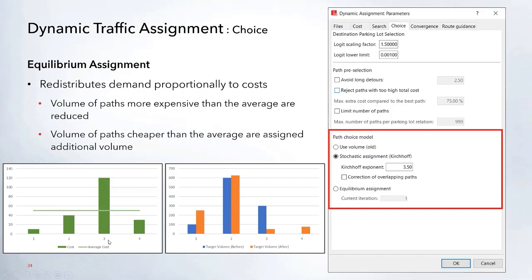So in this case, the volume for path 3 will be reduced, and then that additional volume will be assigned to all of these other paths, numbers 1, 2, and 4, which are cheaper than that average cost. Here on the right, you can see what their volumes were for each of the paths before in blue. You'll see that path number 3 here, that volume gets decreased, and then that volume is going to get assigned to paths 1, 2, and 4.